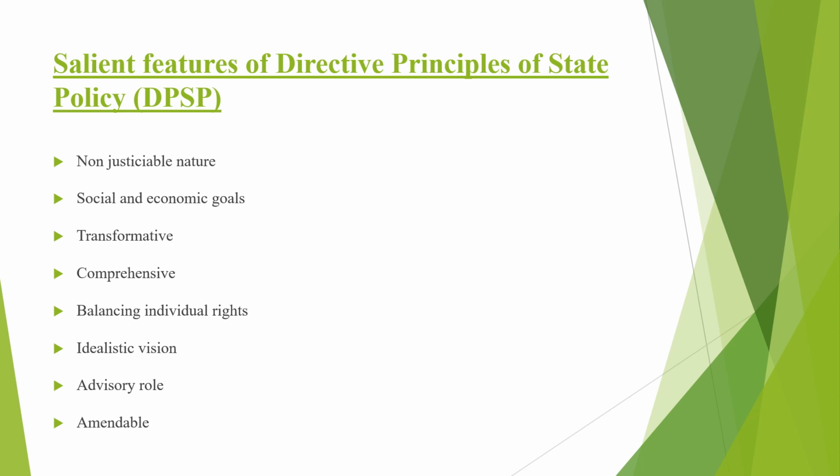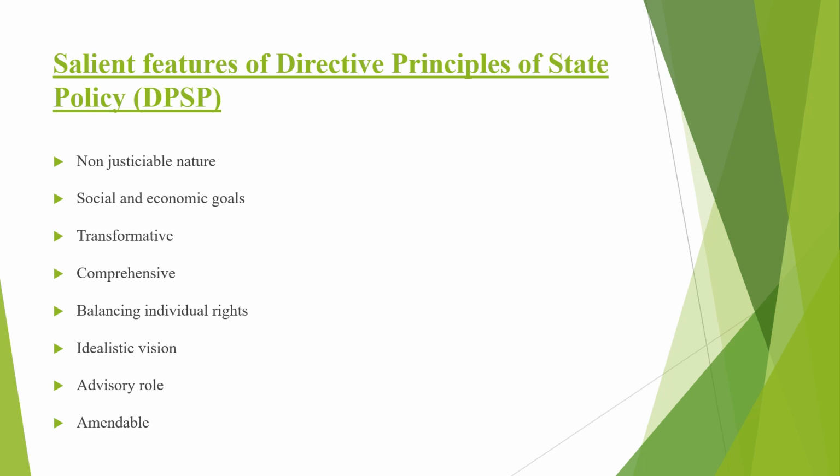Sixth, idealistic vision. It means directive principles of state policy embody lofty ideals and long-term goals that may not be immediately achievable but serve as a roadmap for future development, guiding the nation towards an aspirational vision. Seventh, advisory role. It means that directive principles of state policy guide the state in formulating policies and laws, providing direction to the government on how to promote the well-being of citizens and create a just society.